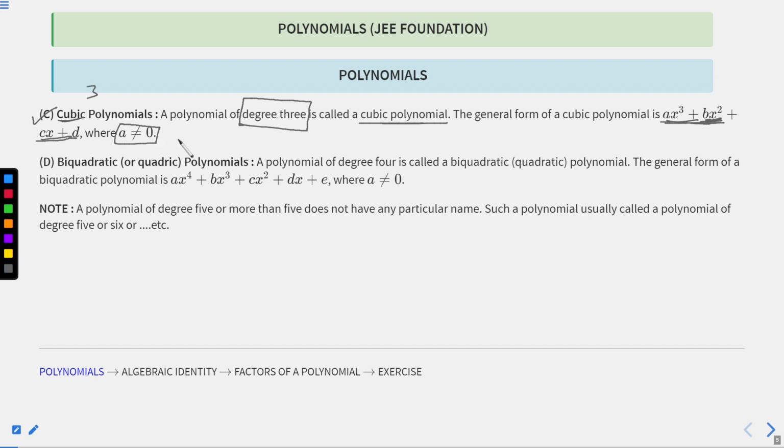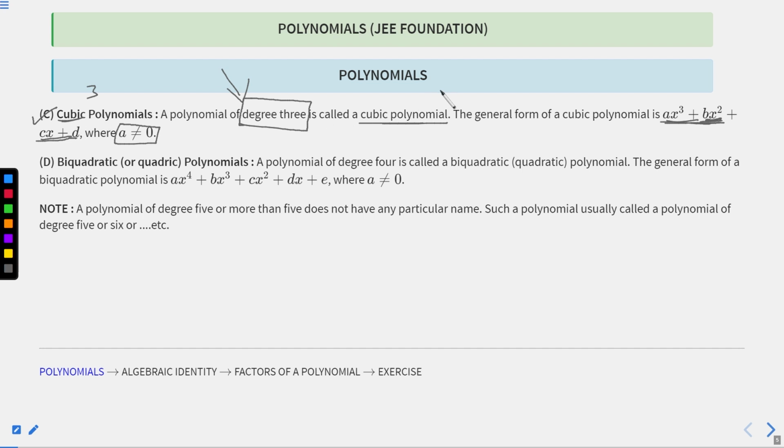What if a is 0? If a is 0, this term becomes 0, then my cubic polynomial will not remain cubic, it will become a quadratic or a linear or just a constant, depending on the coefficients. So the one thing to remember is that the degree must be 3, then I call it a cubic polynomial.